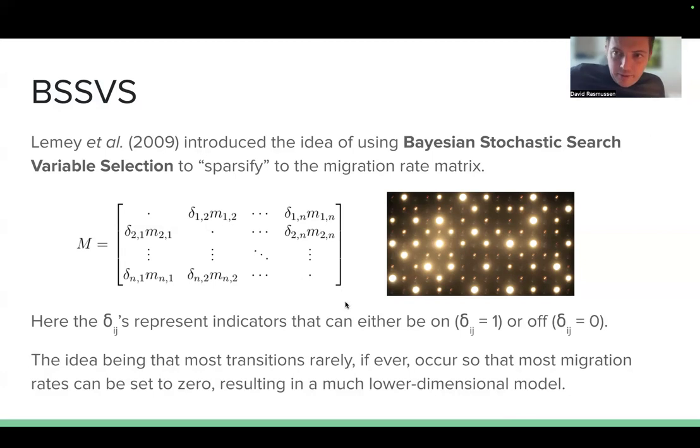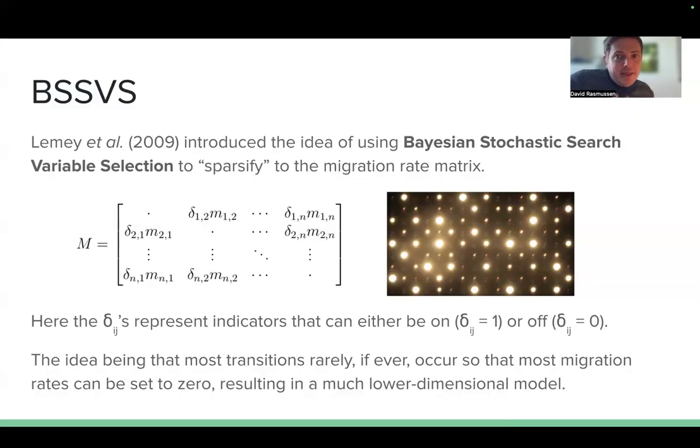And these indicator variables or dummy variables can take on just one of two states. They can be either 1, in which we can think about that migration rate kind of being on in our model, or that dummy variable can be 0, in which case that migration rate will be 0 and there'll be no possible migration between that particular pair of populations.